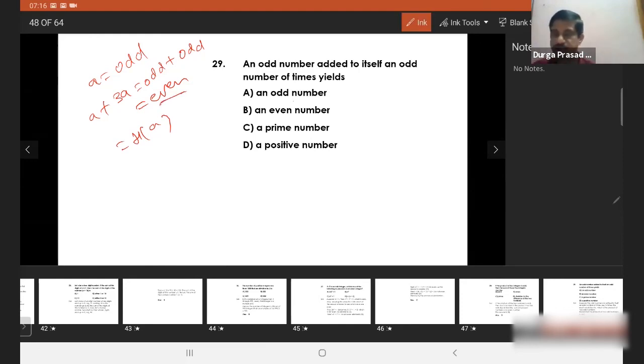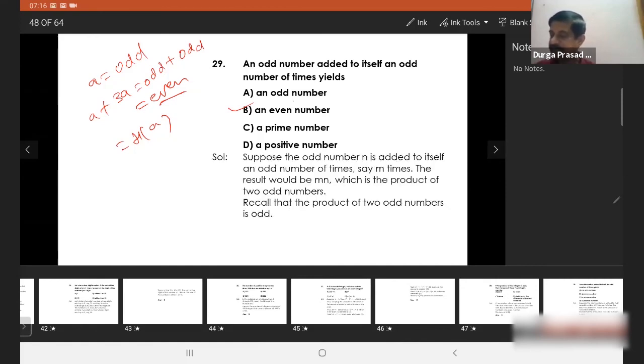So option A is wrong. An even number, yes, it is right. Prime number, no. A positive number. If he says A is a positive number, then these could have been positive. When he did not say A is positive or negative, I cannot say that a positive number. So therefore, option is only, one minute. Why is he saying an odd? An odd number added to itself an odd number of times.